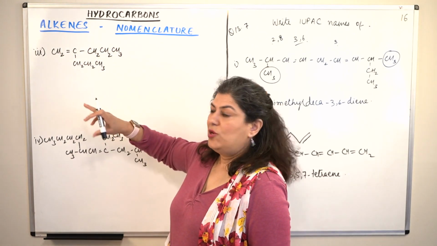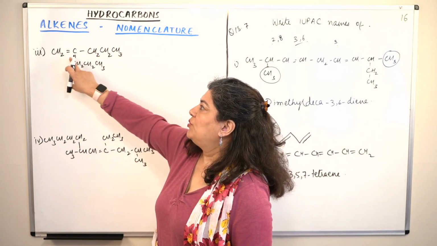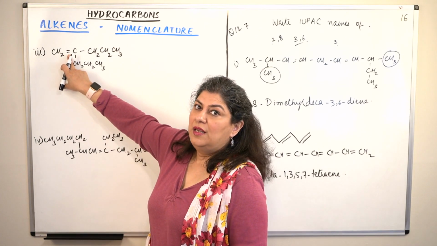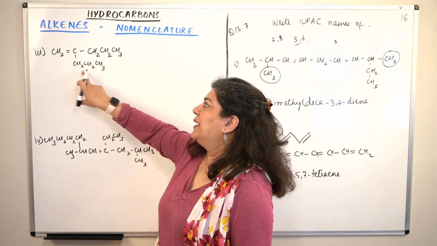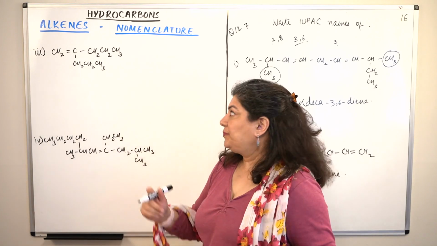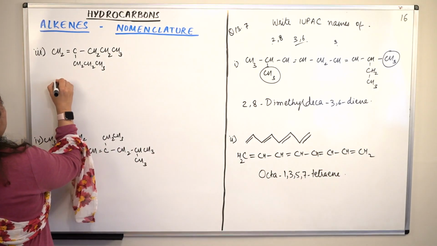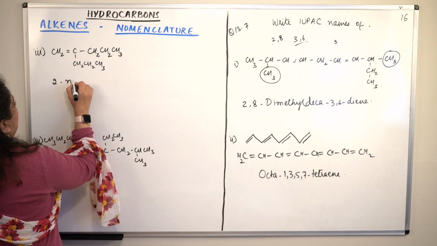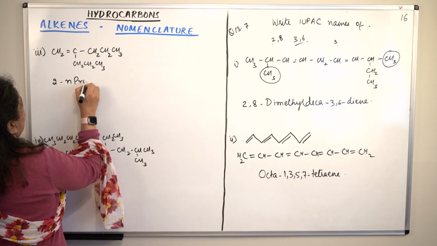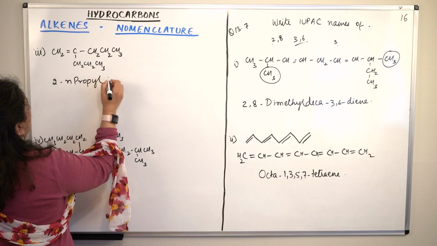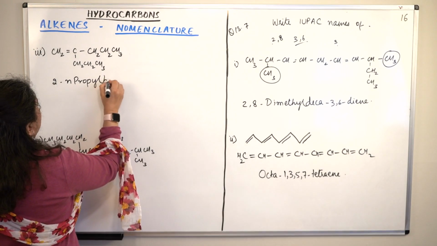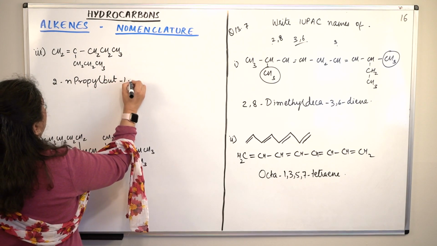And according to the lowest locants rule, I should count from this direction to give the ene the locant 1, and this group gets the locant 2. So this is 2-N-propyl, but 1 ene.